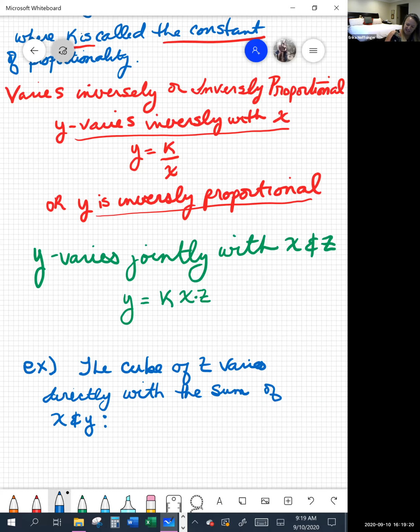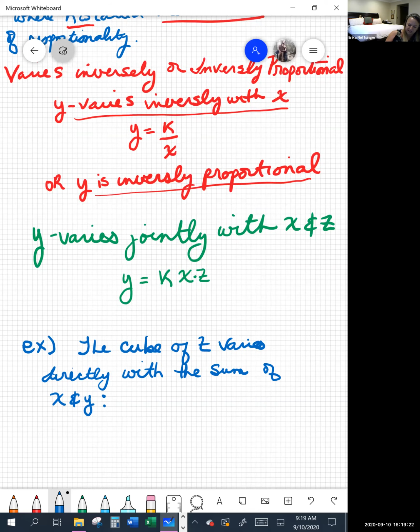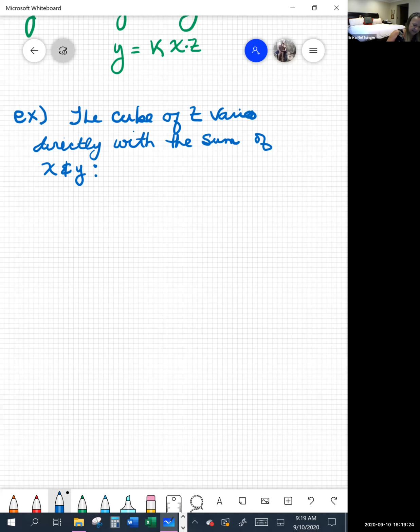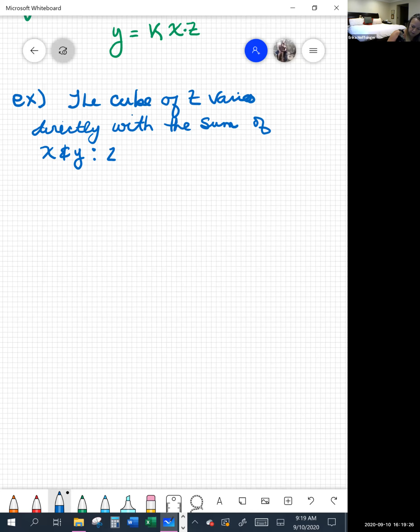Then they give us a little more information: Z is equal to 2 when X is equal to 9 and Y is equal to 4.